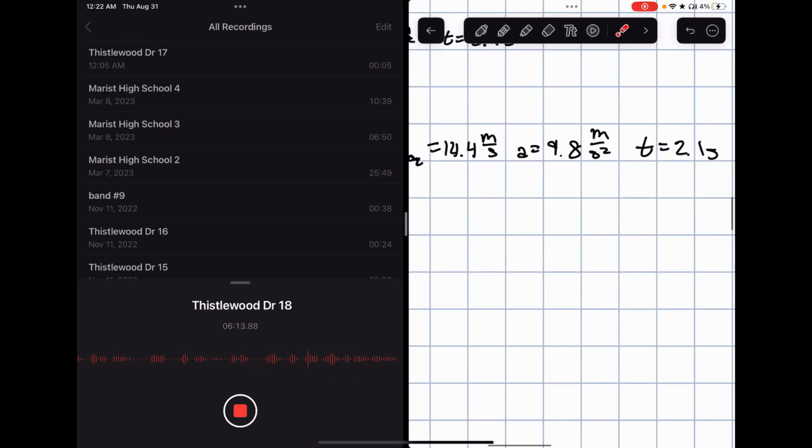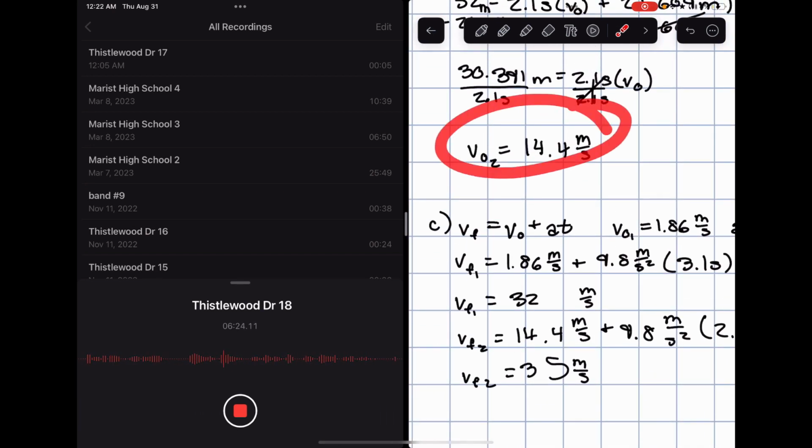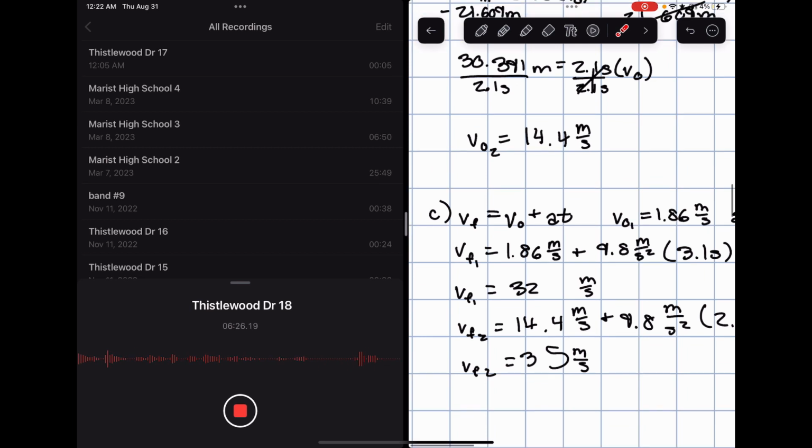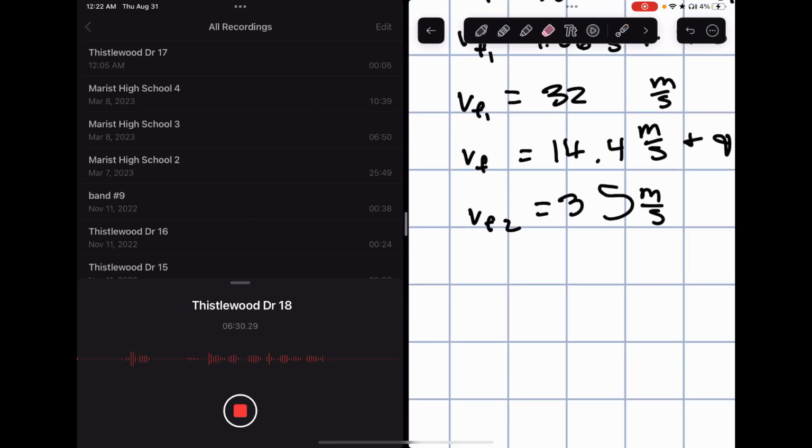And now I have the final velocity for the second stone. I've listed out my givens again over here. Remember, we are going to use 2.1 seconds this time because of that subtraction, and the 14.4 is what we got from the previous question. So I plug that in.